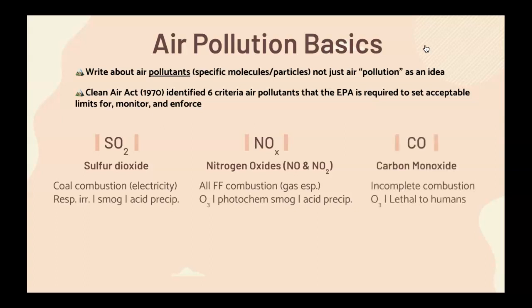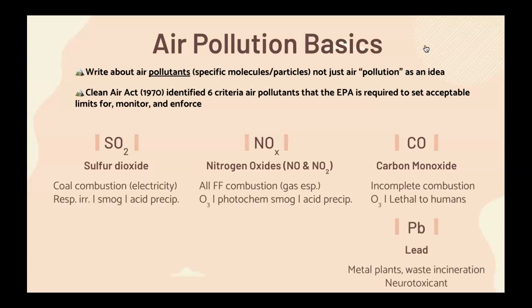Carbon monoxide is our third criteria air pollutant, and it comes from the incomplete combustion of fossil fuels. So this could be coming from car engines, it could be coming from furnaces, things like that. And it is absolutely lethal to humans. We'll talk more about that.